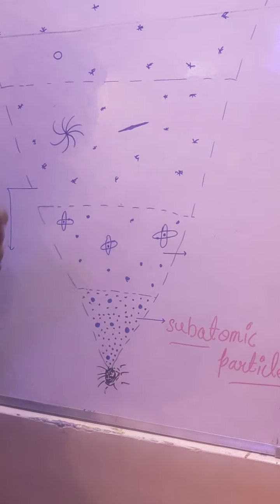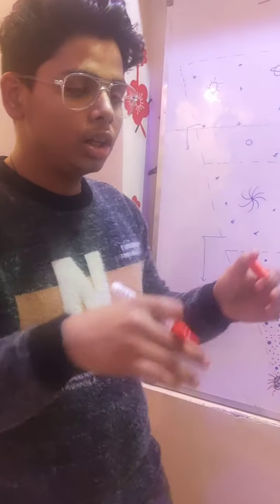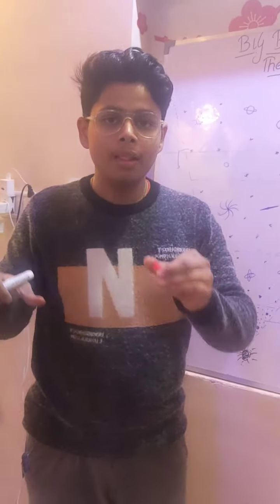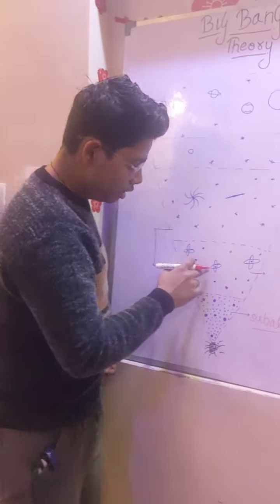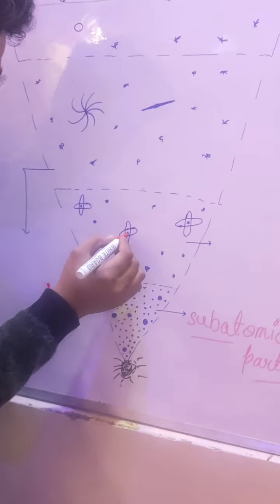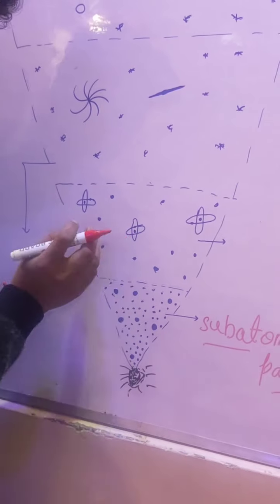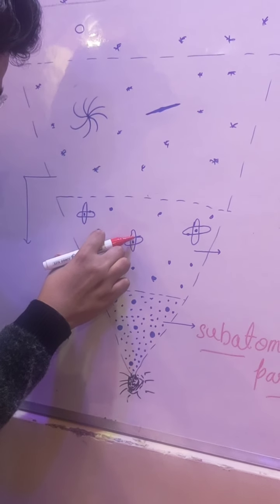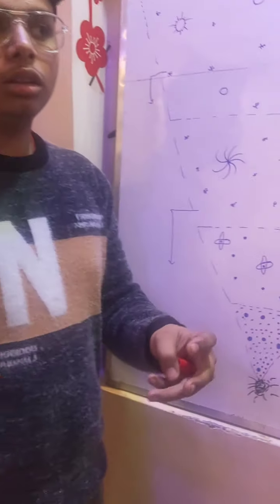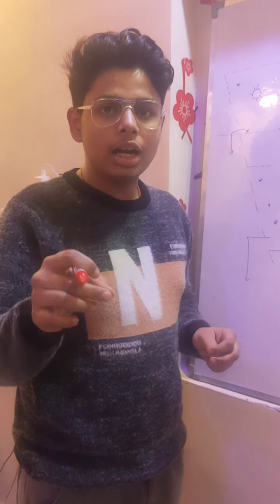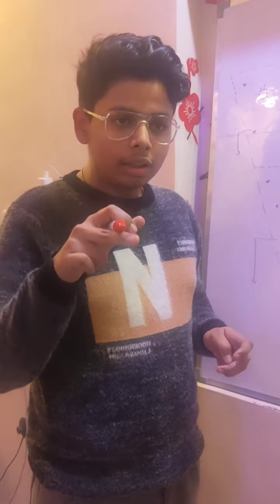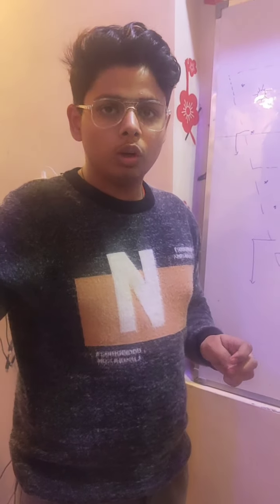The nuclei and electrons combine into an atom. This is the nucleus, and this is the electron. You have studied this also: protons and neutrons are inside the nucleus, and electrons rotate around the nucleus.